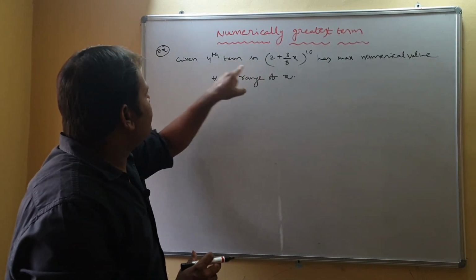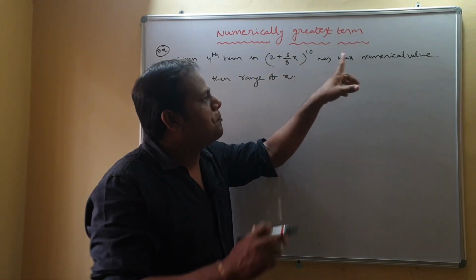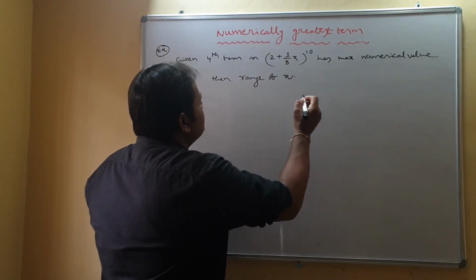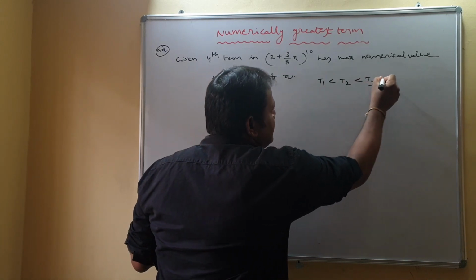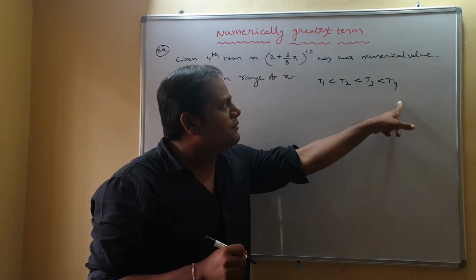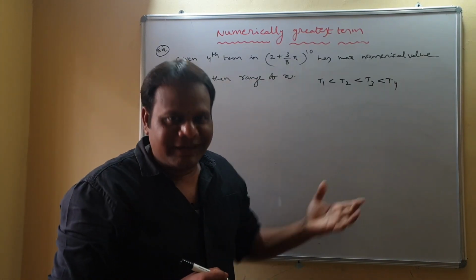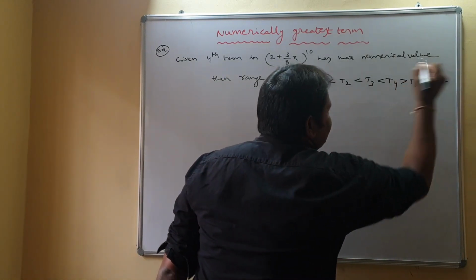So here, what is given? The fourth term in this expansion has maximum value. That means T1 is less than T2 is less than T3 is less than T4. So till the fourth term it increases, then decreases, so greater than T5, like that.